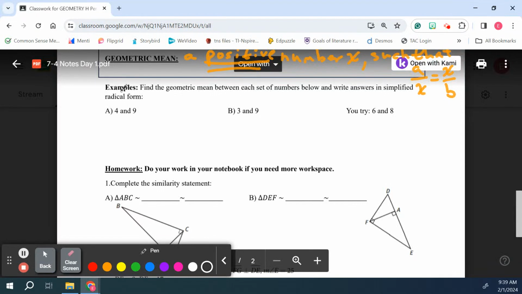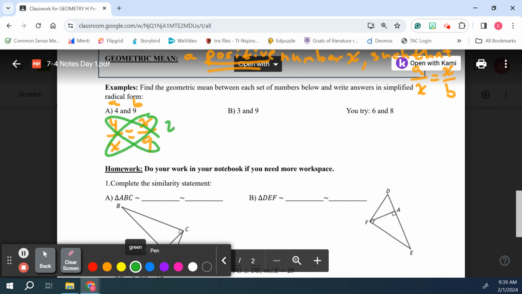Let's get comfy, but let's talk about letter A. So in this case, I'm looking at this. Remember, we have a and b. I'm just going to call this my a, this my b. It honestly doesn't matter because all we have to do is make sure that they're multiplying together. Okay? So this is going to be 4 over x equals x over 9. And then we apply that proportional relationship.